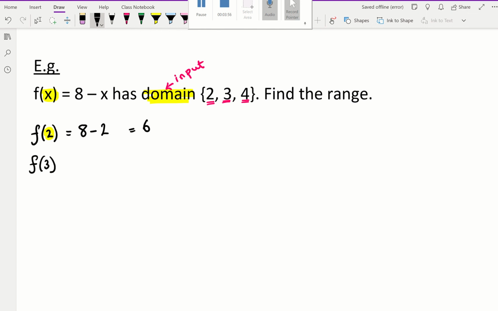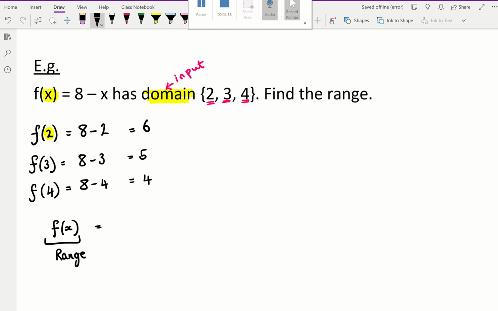When x is 3, the function is 8 minus 3, which is 5. When x is 4, I substitute it in and I get 4. So the range, the output, remember this means range, output, this means y, is 4, 5, and 6.